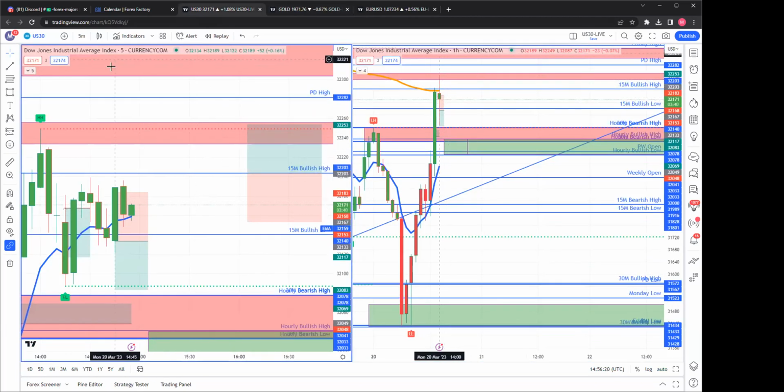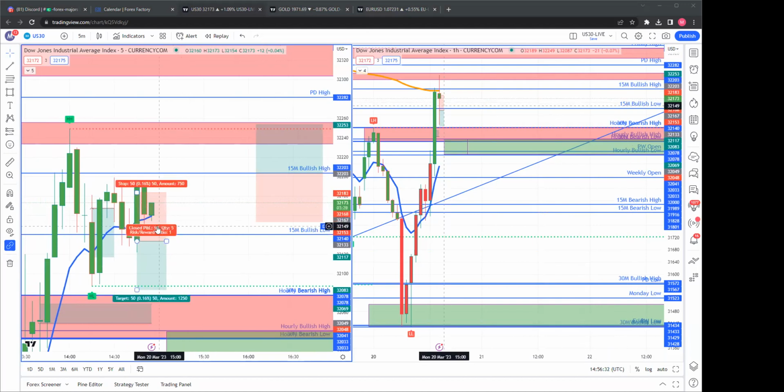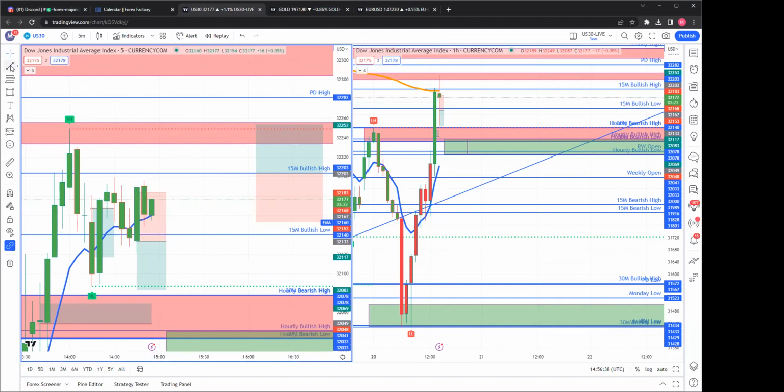Did this candle just close on the 5-minute? I know we deleted that trend line. Let's see. Wait, so we deleted that trend line. I hopped in a buy for US 30. Let me see if I can redraw it.